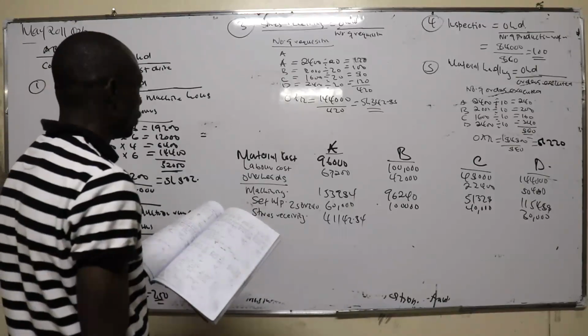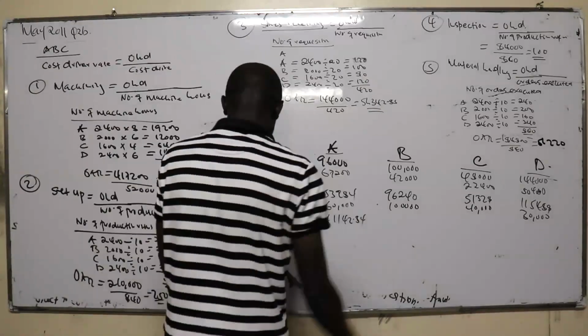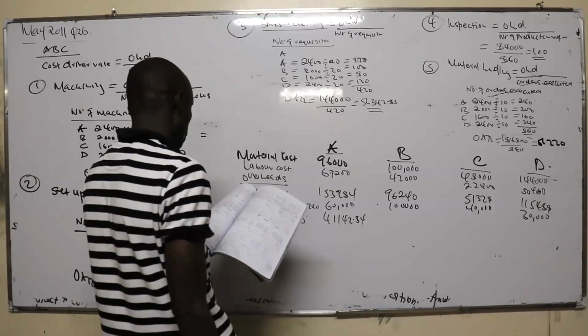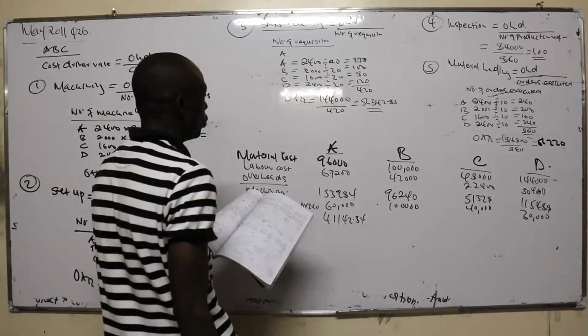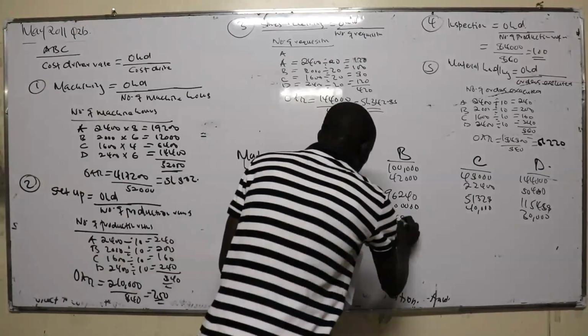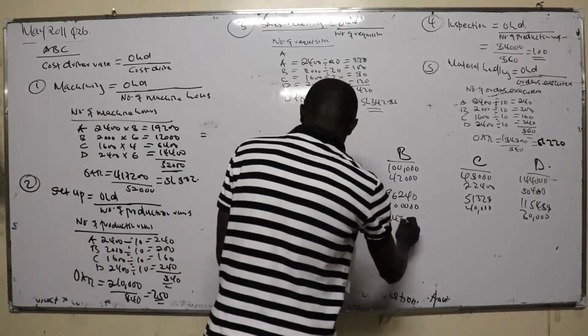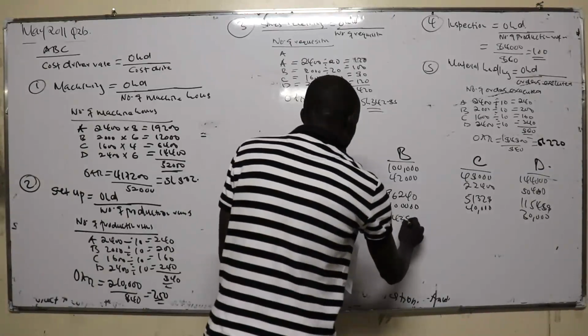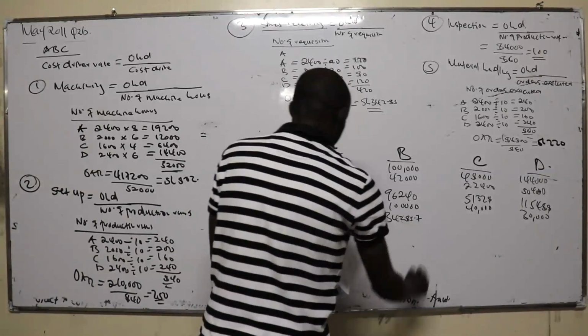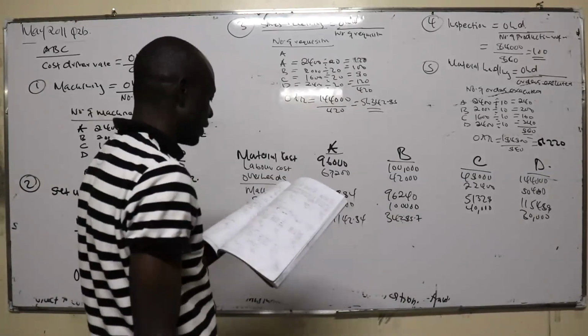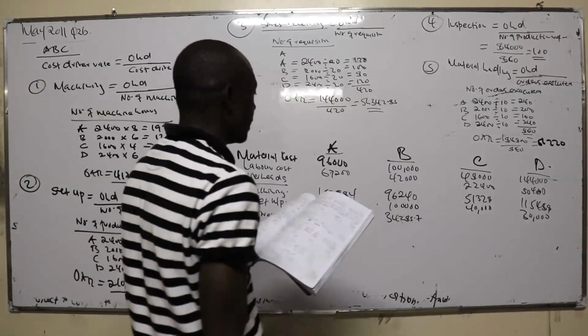The next one, you're going to multiply 100 times 342.85, which is 34,285.7. The next one is 27,428.